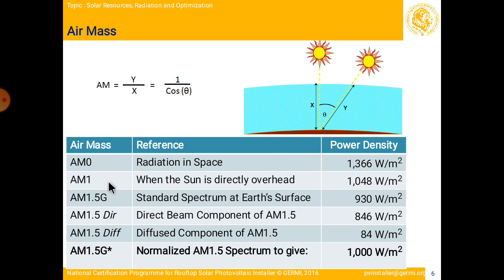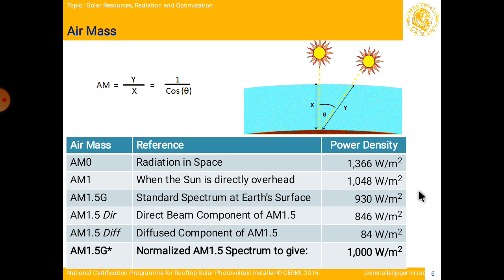You can see AM0, AM1, then AM1.5 G, then AM1.5 DIR, which is the direct beam component of AM1.5, and then air mass 1.5 diffused that we get, and air mass 1.5 G. This is the global, and the normalized AM 1.5 spectrum gives 1000 watt per meter square.